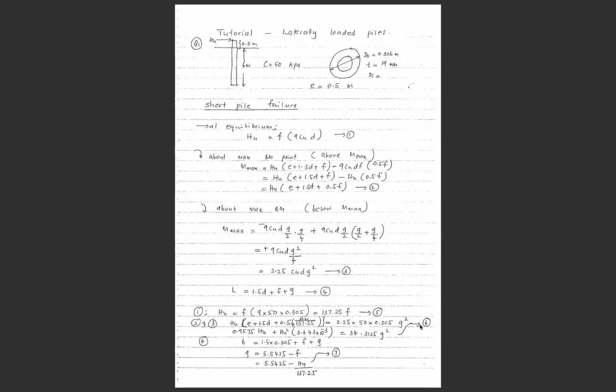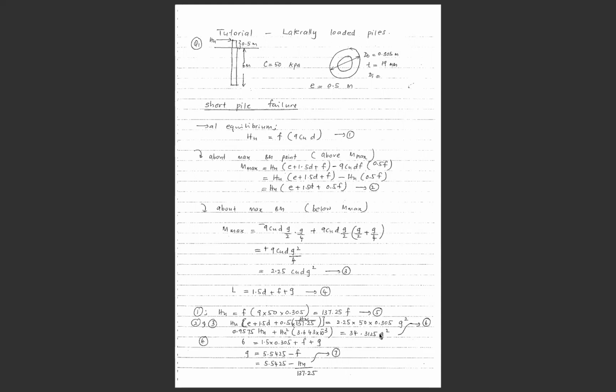It reads 0.9575 HU plus HU squared, the rest of the terms, with 2 unknown variables, HU and G.